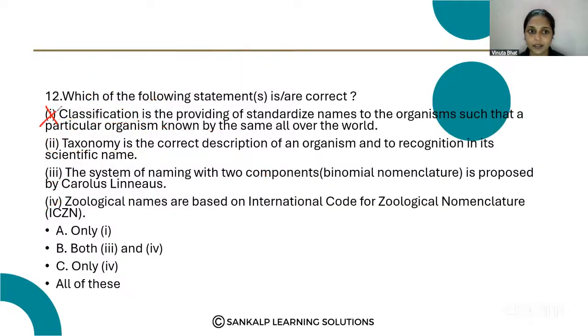Option 1 here, classification, this word you have to concentrate on. I thought it is nomenclature. So classification means it is not providing a name. There should be nomenclature. So the first option is wrong, the second option is wrong, and the third and fourth options are correct.